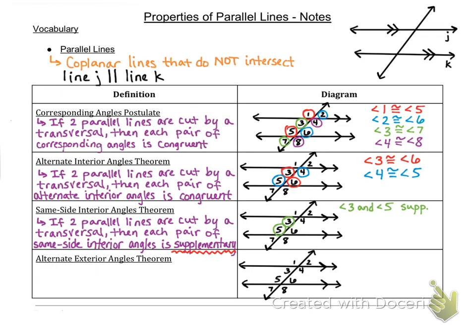And then we have another pair, and that's 4 and 6. Those are same side interior angles. So angle 4 and angle 6 are also supplementary.